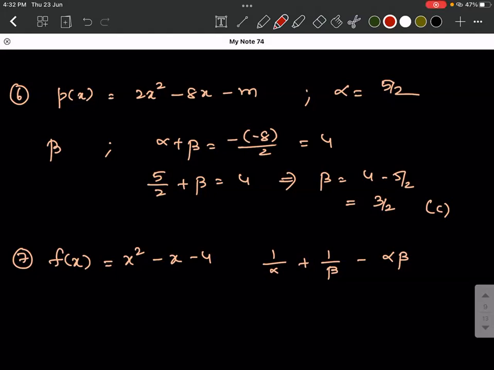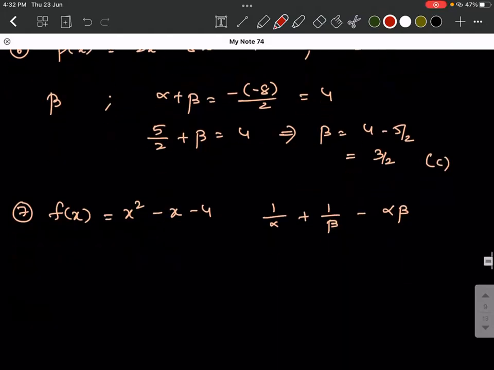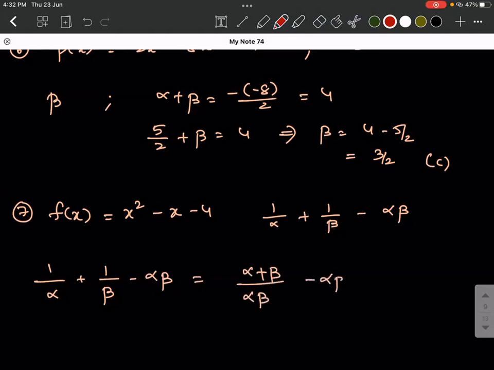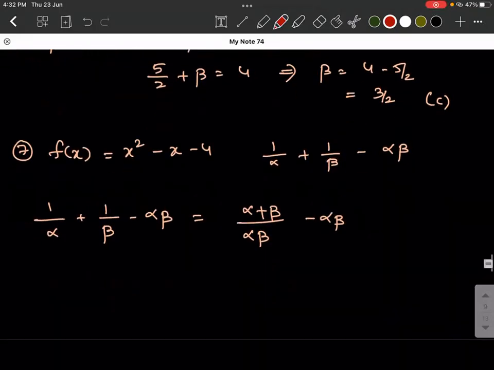Why do you want to find alpha and beta separately? You will find these kinds of questions in quadratic equations also. So consider 1 by alpha plus 1 by beta minus alpha beta. Can I write it as alpha plus beta by alpha beta minus alpha beta? Did you understand what I did? From the question, can you find alpha plus beta? That is 1. What is alpha beta? That is minus 4. Now you substitute.